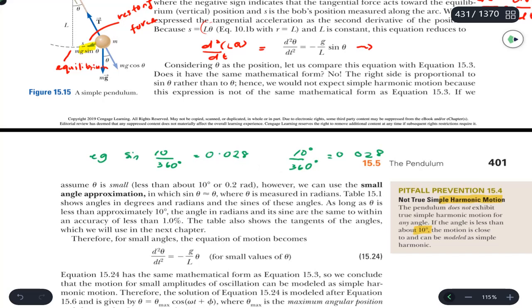Here is another version: with the approximation, sine theta is almost equivalent to theta itself in radians. Showing you that 10 degrees divided by 360 degrees, and then taking the sine, you find it equivalent to 0.028. But 10 divided by 360 degrees will arrive at the same thing as well.